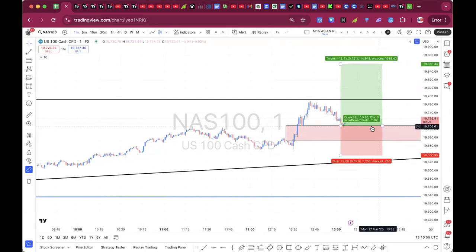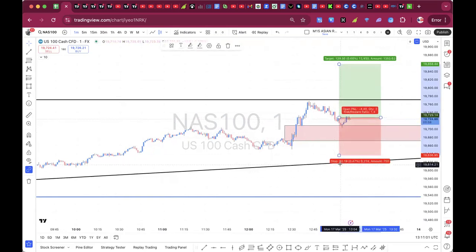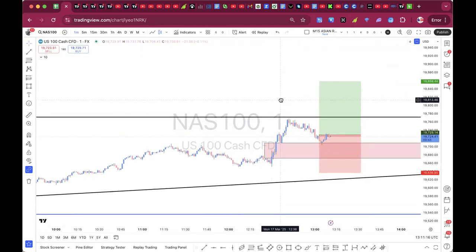If we enter here, somewhere there, looking at the stop loss, how many pips is this? So that's about 9 pips. So 1:2 risk reward.